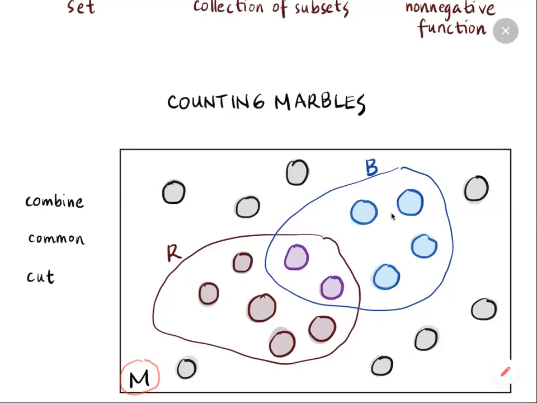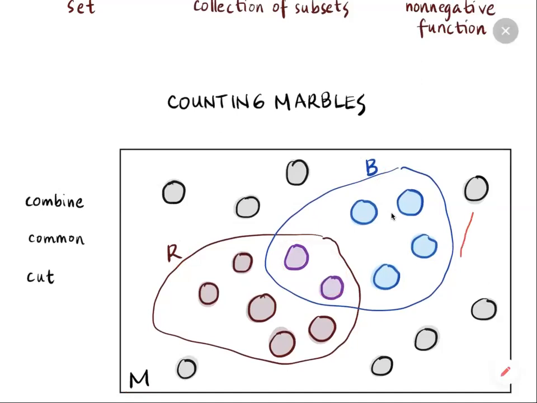And here we have two portions, R and B. R denotes the red marbles and B the blue marbles. The elements common to them are the violet ones. So let us agree that here the measure would be the cardinality or the number of elements.